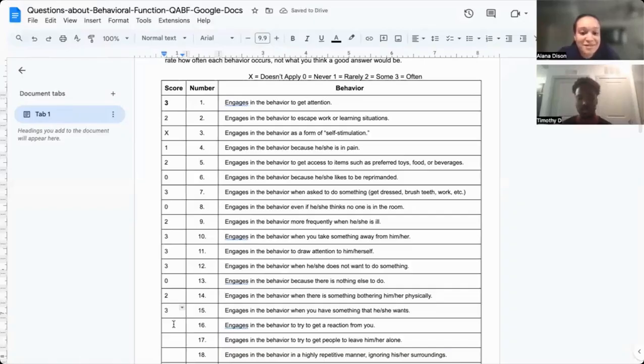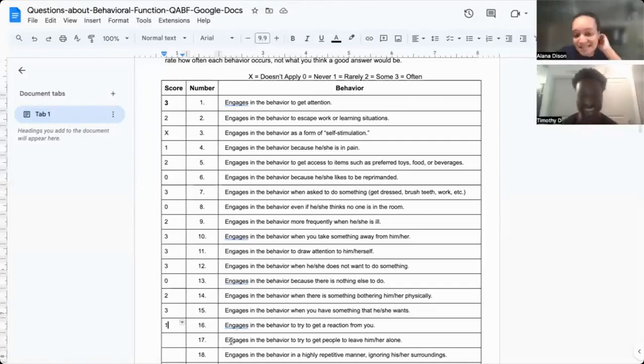Engages in the behavior to try to get a reaction from you. Think long and hard now. 1. I really have to think about my kid. It's a complicated imaginary kid.